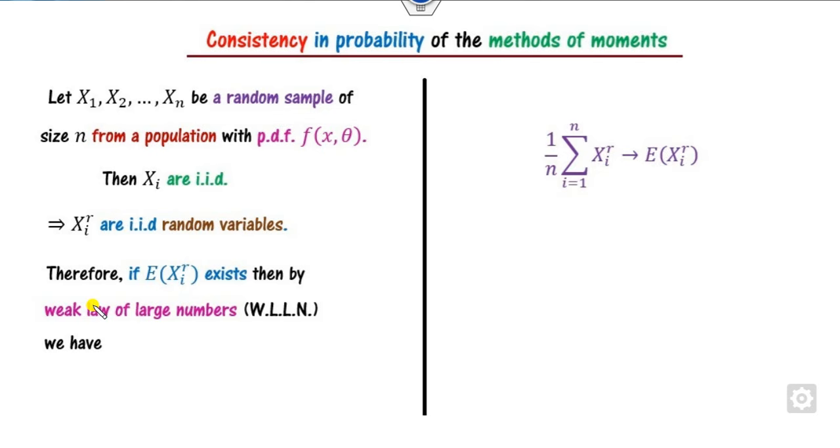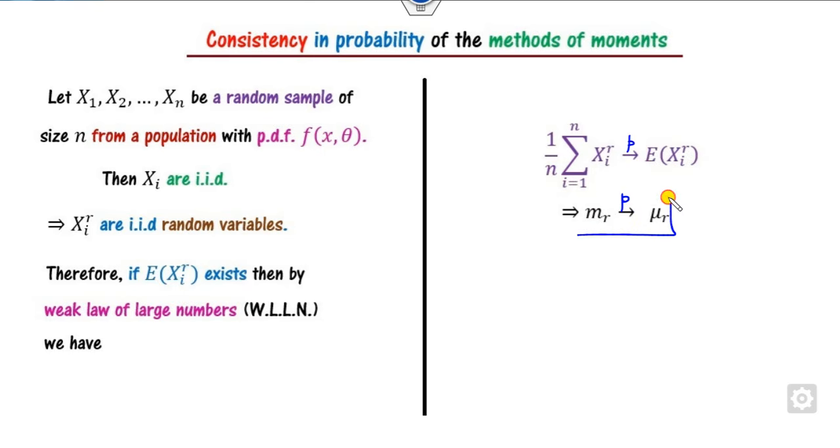Once the weak law of large numbers is applicable, that means if the expected values exist, then by using this weak law of large numbers, this converges in probability. That's the meaning of convergence in probability. This is nothing but my m_r, it converges to this, my here. So the sample moments converge to the population moments in terms of probability.